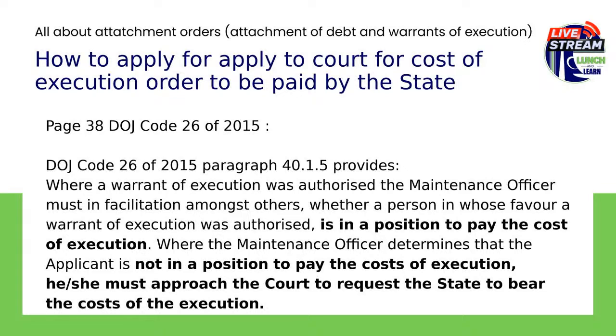So the maintenance officer has got a legal obligation to inquire if the debtor or the claimant is in a position to pay for that execution, and if they do not have the funds for that, then the maintenance officer must approach the court with a request that the state would cover the costs of such an execution.